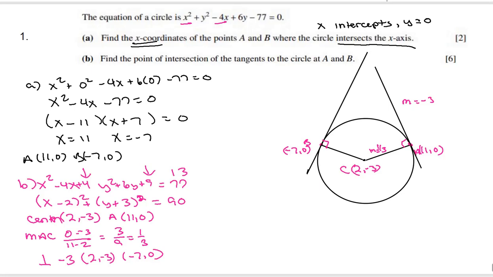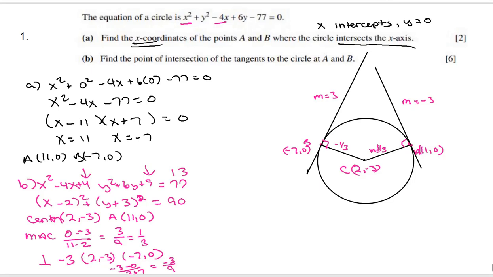If I find this slope, it's going to be -3 minus 0 over 2 plus 7. I'm going to get -3 over 9. And that makes this -1/3, and that makes this slope +3. All right, so anyway, you can see this is worth a lot of points because there's a lot of stuff that has to happen.